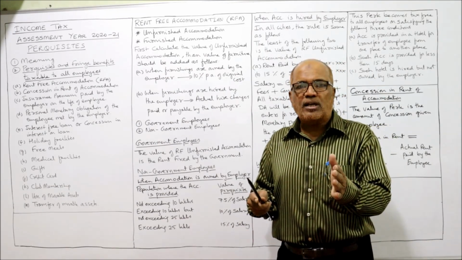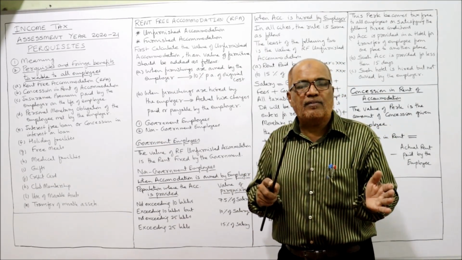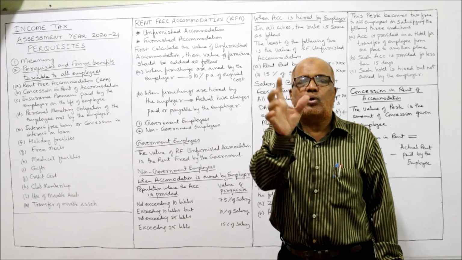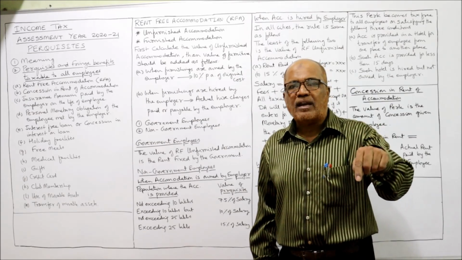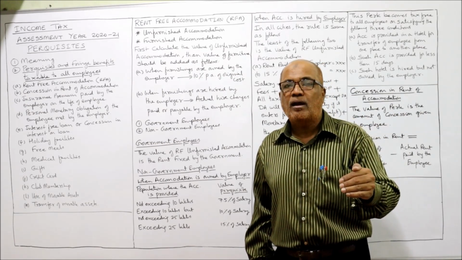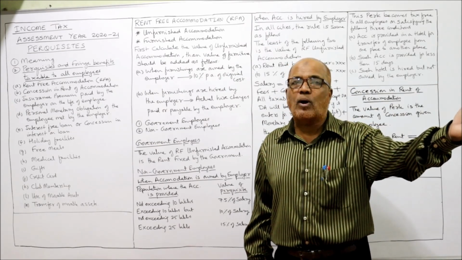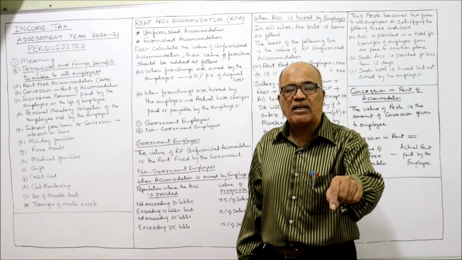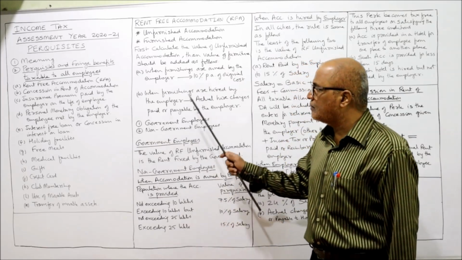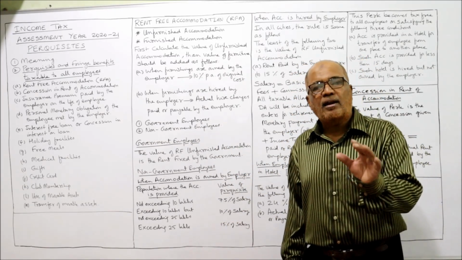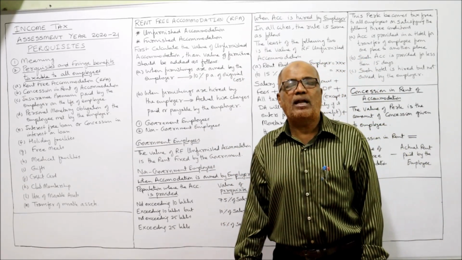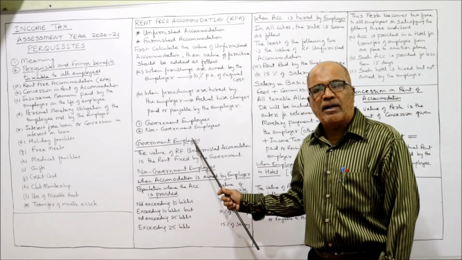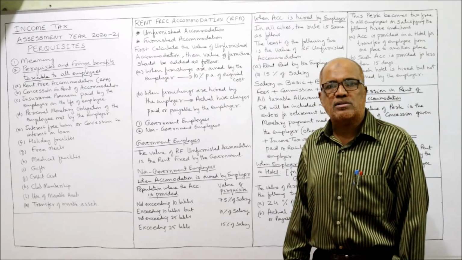If the furniture is owned by the employer, 10% of the original cost of furniture. If the furniture is hired by the employer, hire charges paid by the employer will be added to the value of the unfurnished house to get the value of the furnished house. That's all. Now, for calculating the value of unfurnished accommodation, all the employees are divided into two categories: government employees and non-government employees.